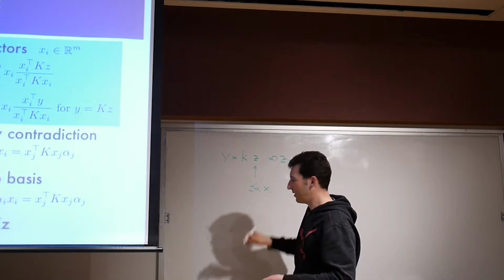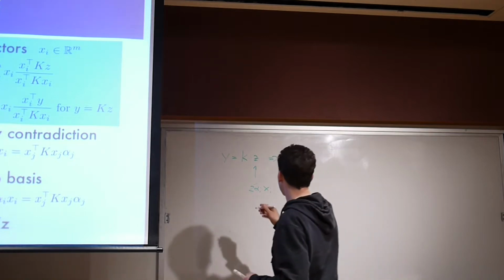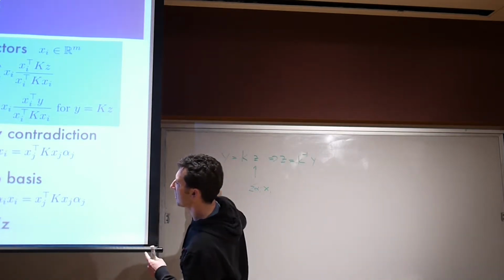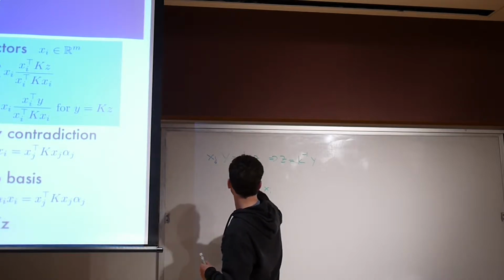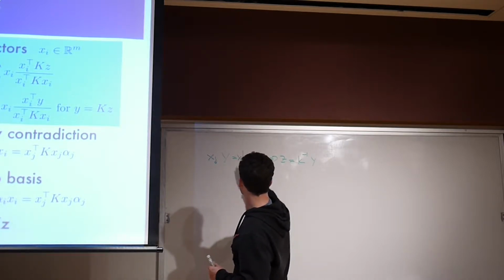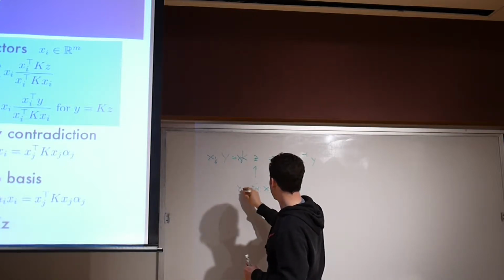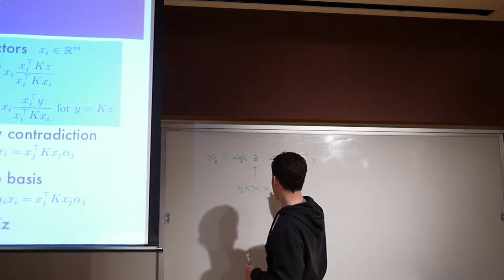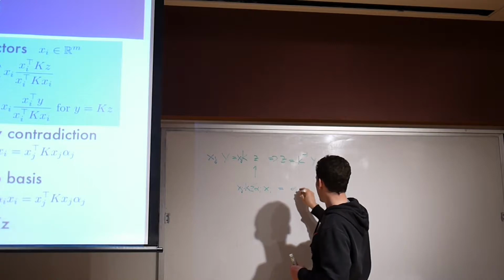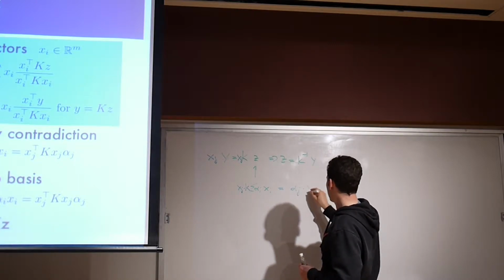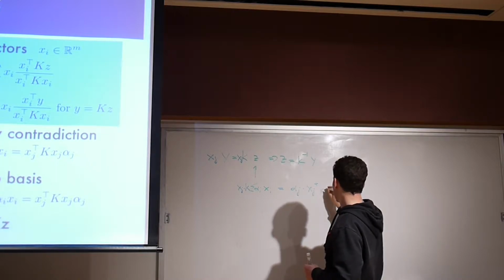I can then multiply the entire left-hand side of this by some xj, and here we have xj. So here we get xj times K times these xi, which yields alpha j times xj transpose K xj.